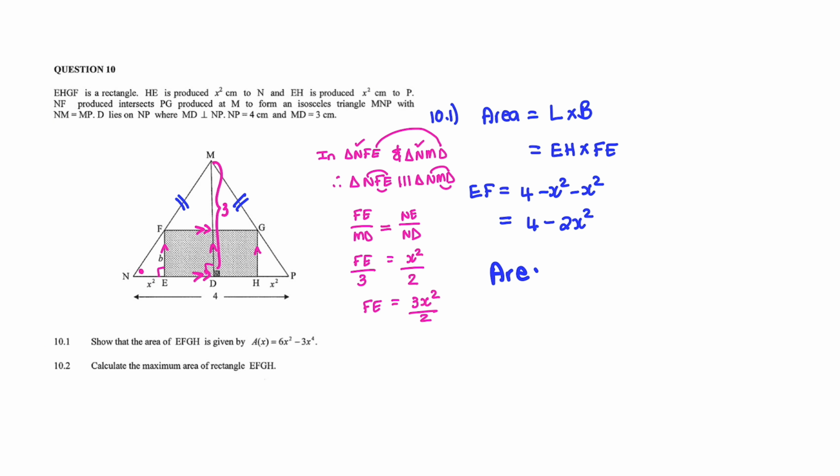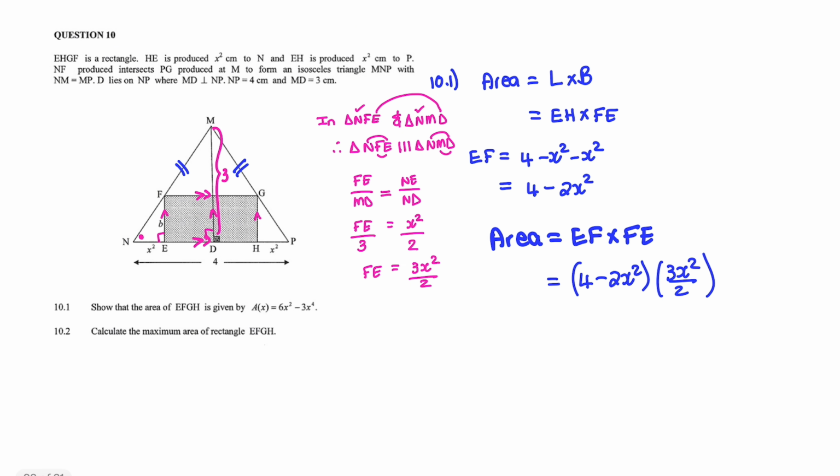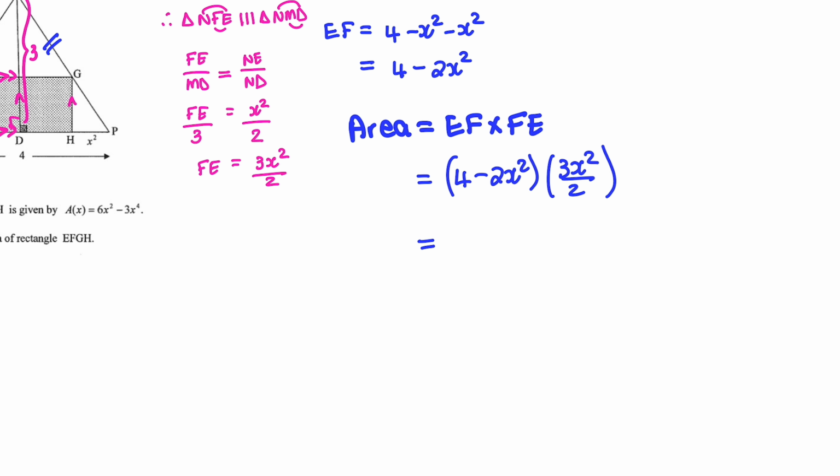So the area of the rectangle is EH times FE. So we have EH as 4 minus 2x squared multiplied by 3x squared over 2. Now let us expand that quickly. So we have 4 times 3, which is 12x squared over 2, minus 2 times 3, which is 6x to the power of 4 over 2.